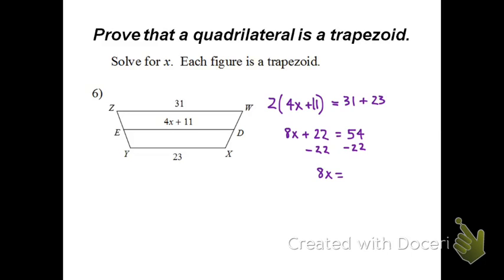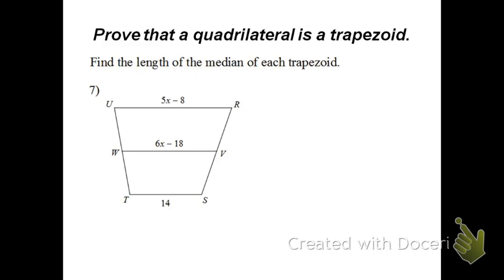We have 8x equals 32. And if we divide both sides by 8, we get x equals 4. Alright, now let's check just to make sure. This one is strictly solving for x, so we have satisfied the requirement there. I think that's the last one for this. Let's check.